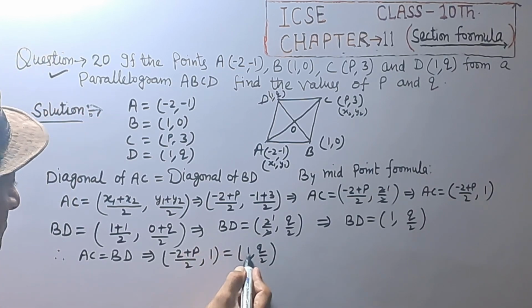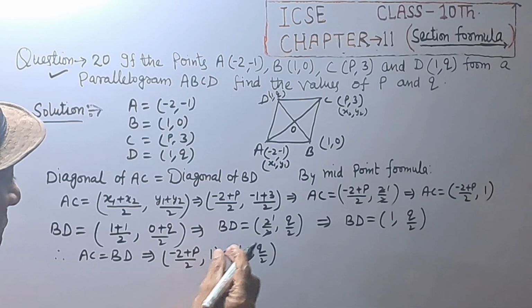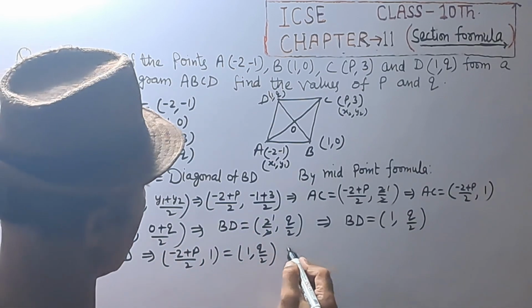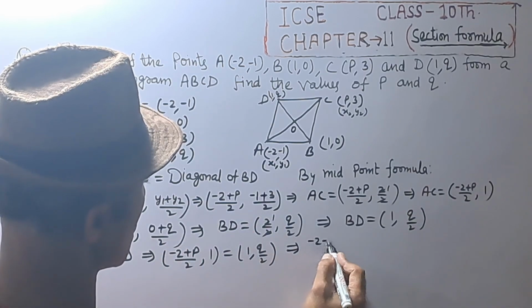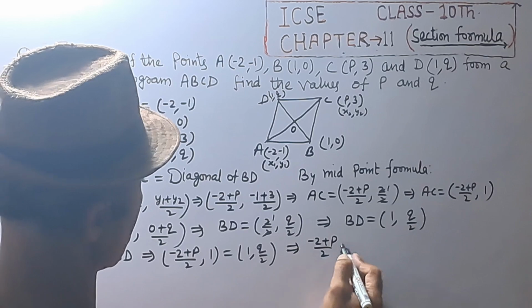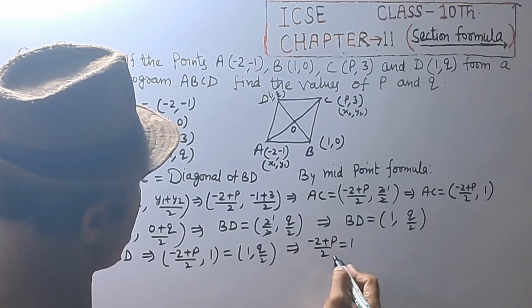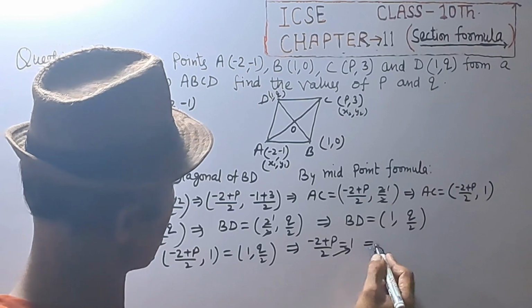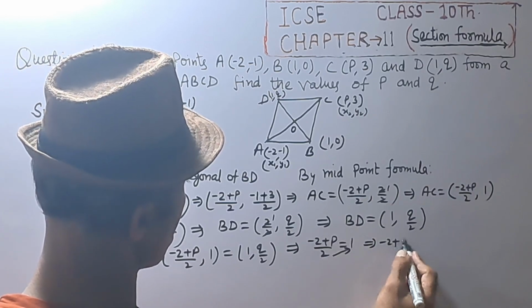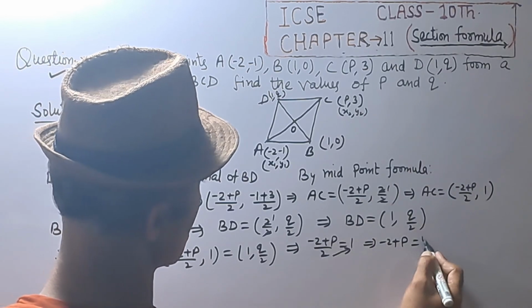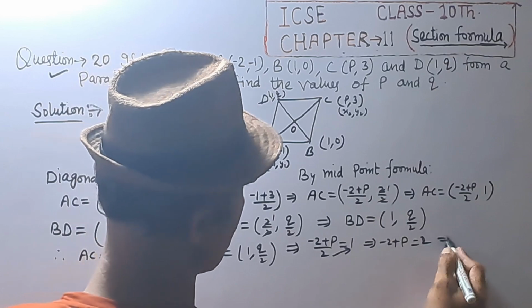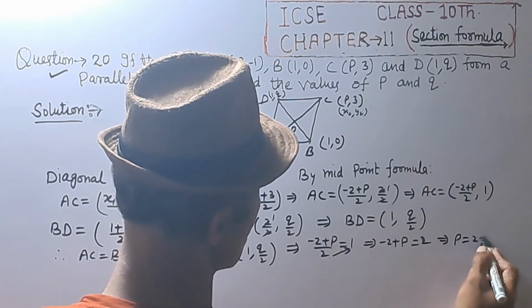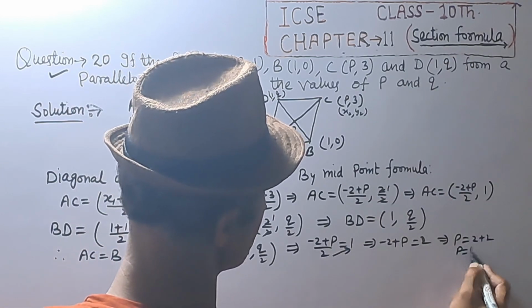Comparing the first point, (-2 plus p) upon 2 is equal to 1, and 2 multiplied by 1, we get -2 plus p is equal to 2, and p is equal to 2 plus 2, so p is equal to 4.